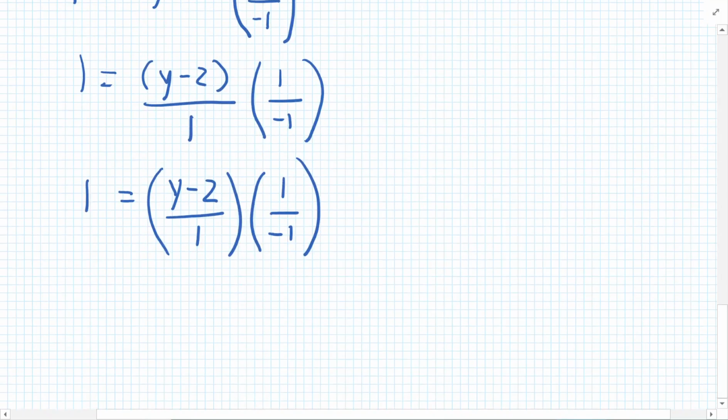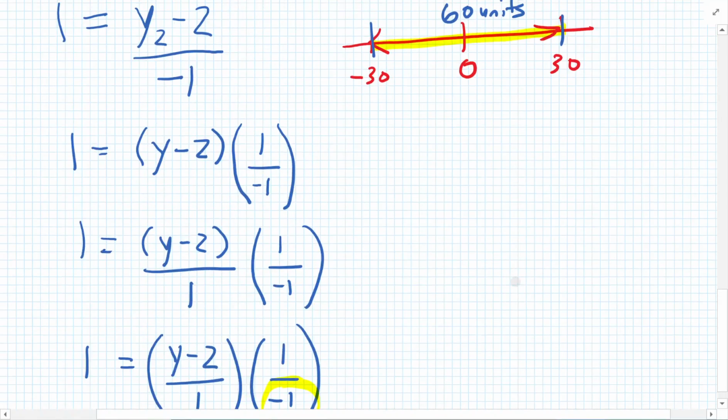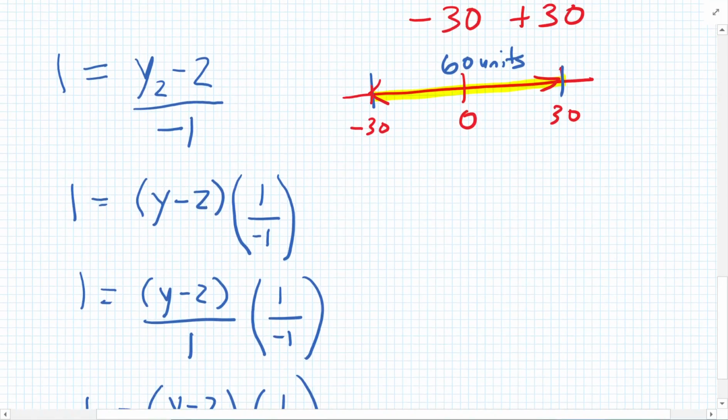I haven't changed it. The problem is still the same. I'm just expressing it different ways. So down here, the negative 1 is still in the denominator, just as it is here, just as it is here.